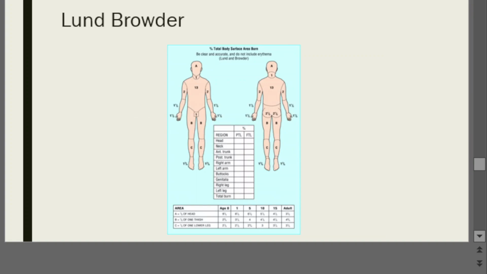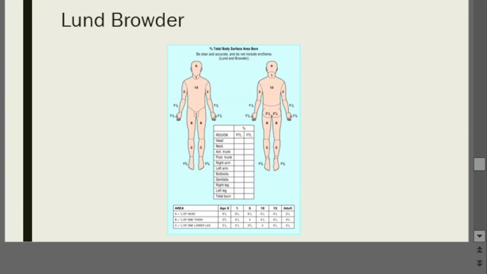This is Lund-Browder, which gets us quite a bit more technical. So, as you can see here, this only calculates like the trunk area where the rule of nines was about 18%. This trunk area is right at 13%.